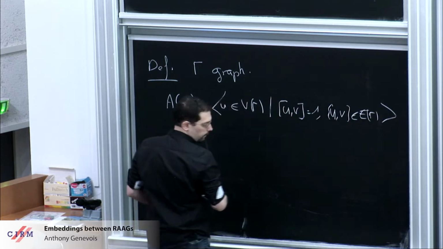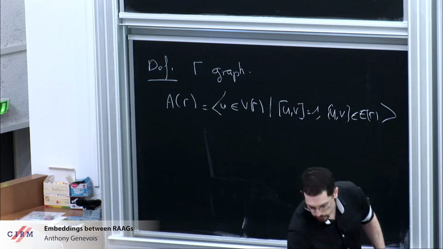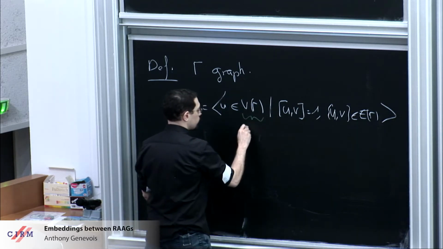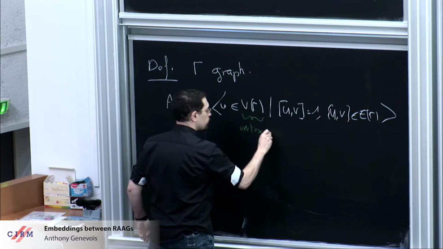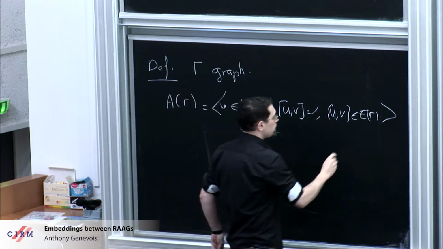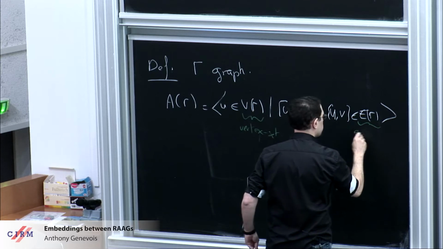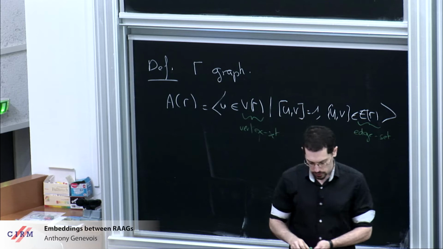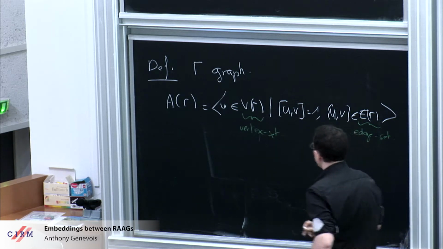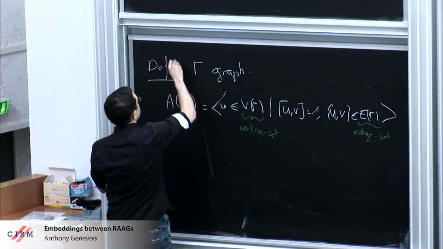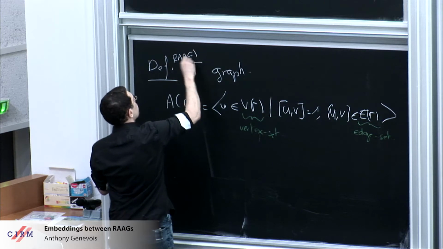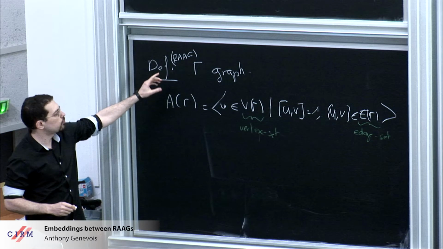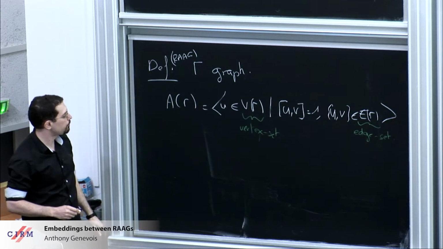So here, V gamma is the vertex set of the graph, and E gamma is the edge set. Okay. So this is the definition of a RAAG. Sometimes it is also called a partially commutative group, which is maybe a more descriptive terminology.